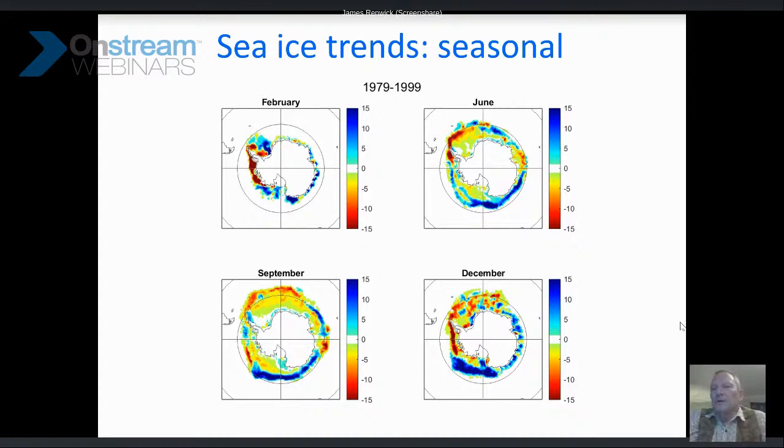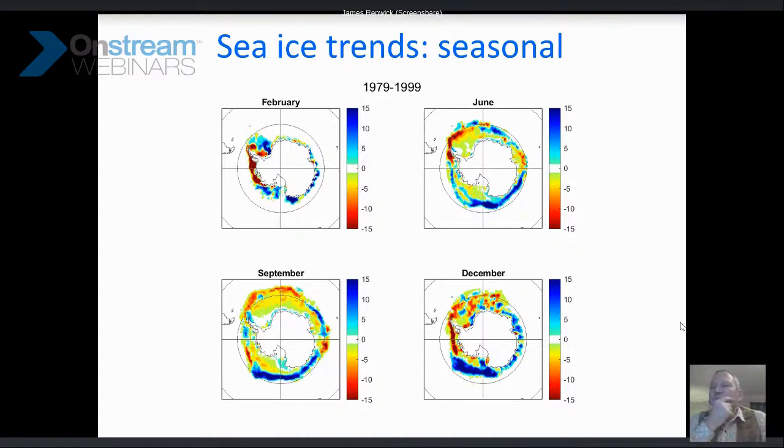Same colour scale, and the colours are generally darker because over a shorter period you see much more distinct effects. So if we just concentrate on September, let's say, you see very strong increase in the sea ice out near the edge of the ice field from 120 east or so, sort of south of Australia, right across to the Central Pacific, but a decrease in the ice, broadly speaking, further east from that and across the South Atlantic.